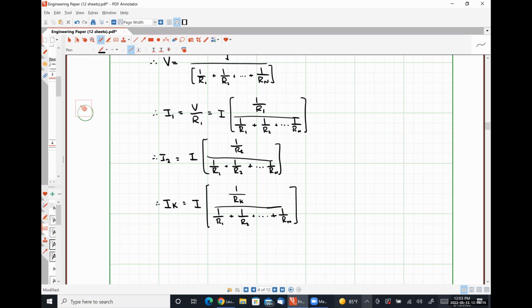In my opinion, this looks slightly more difficult, but conceptually it makes so much more sense because it's the reciprocal of the resistor you want divided by the reciprocal of all of the resistors in parallel.